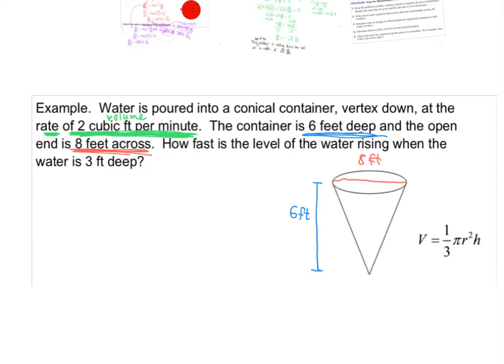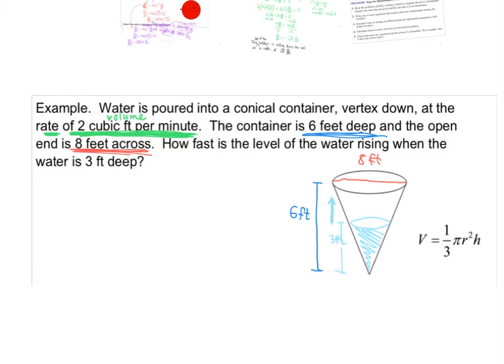So the water, when it's at the height of 3 feet, we're being asked how fast is the level of the water rising. So level of the water is the height, the change in the height. Okay, so we're thinking of this change.